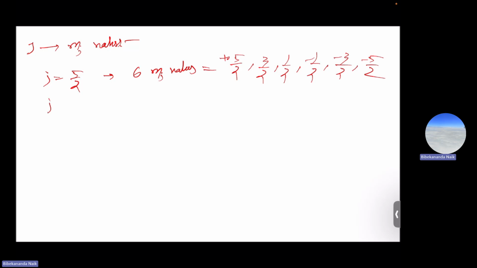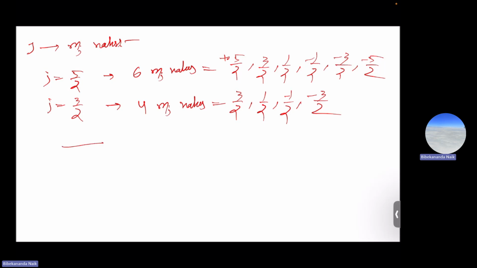Similarly, for j equals 3 by 2, there are 4 mj values: 3 by 2, 1 by 2, minus 1 by 2, and minus 3 by 2.